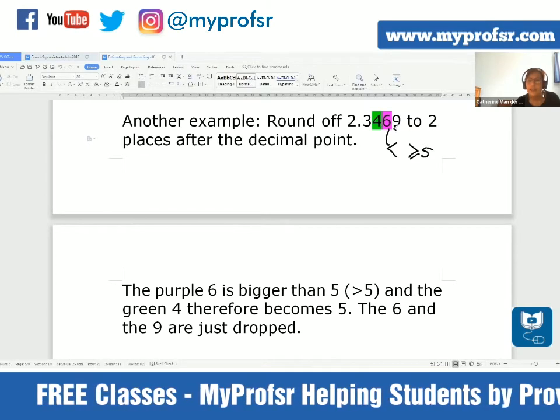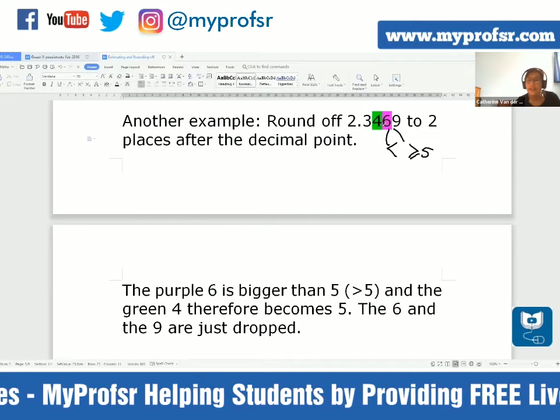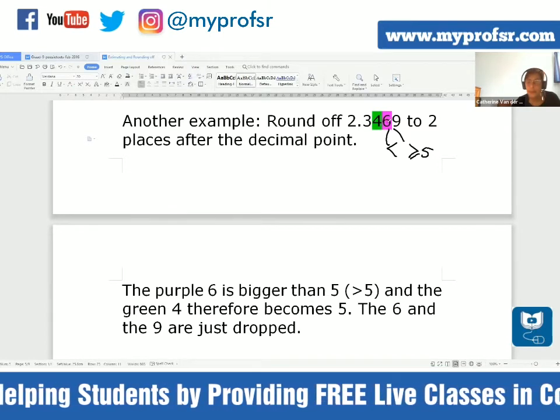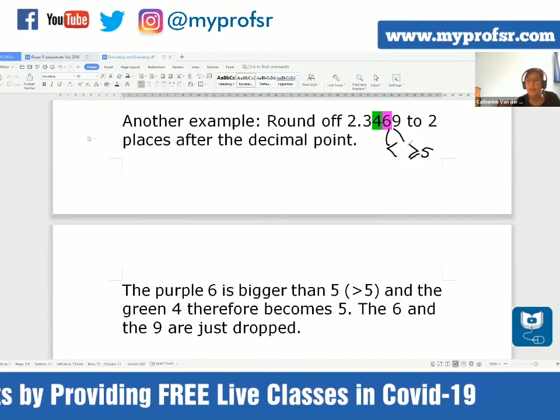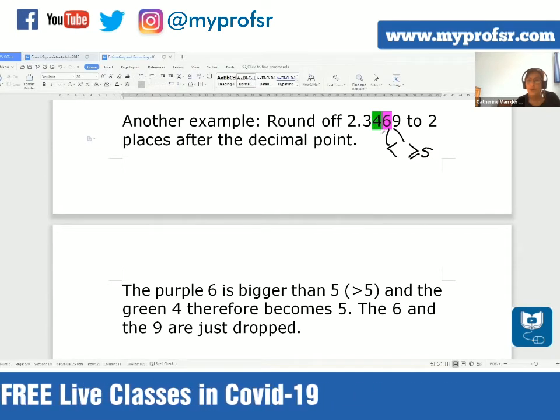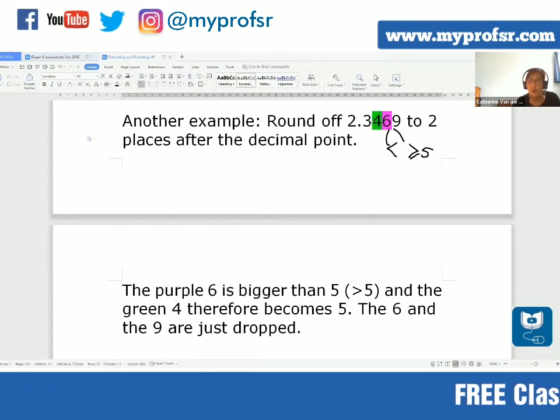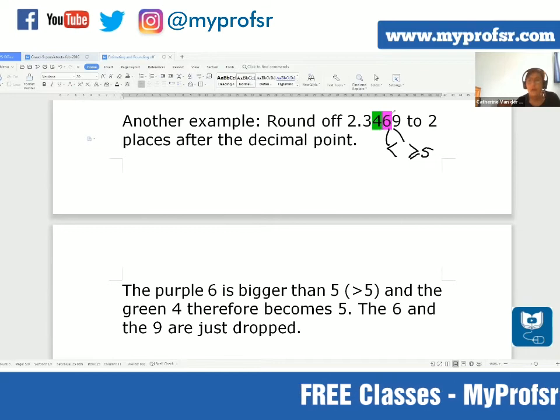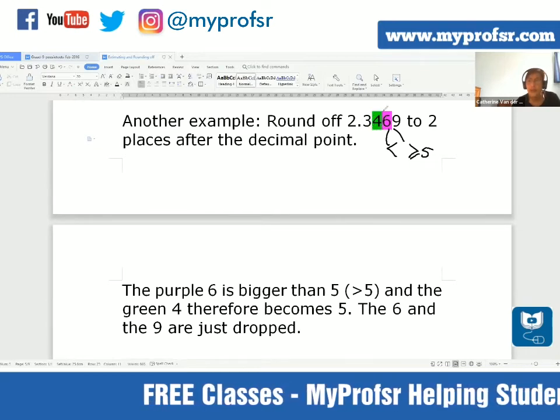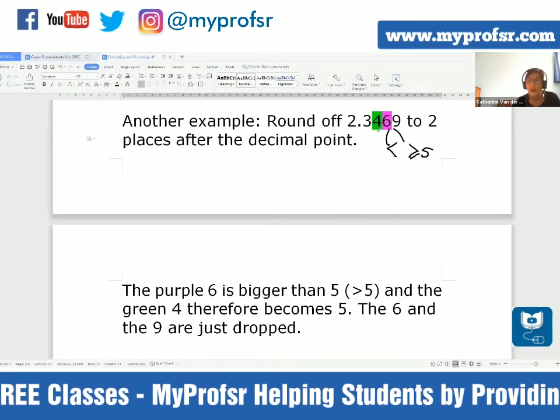In this case, you can see that the 6 is bigger than 5, and therefore this 4 is going to increase with 0.01. So we're going to add 1 to this placeholder.